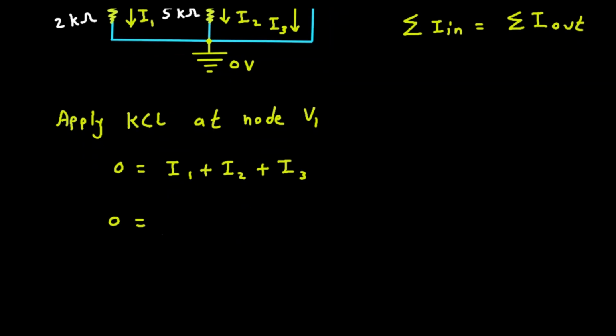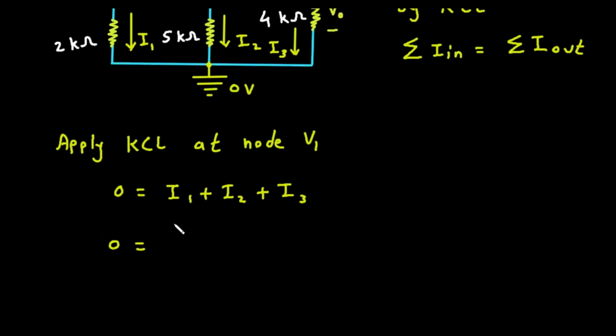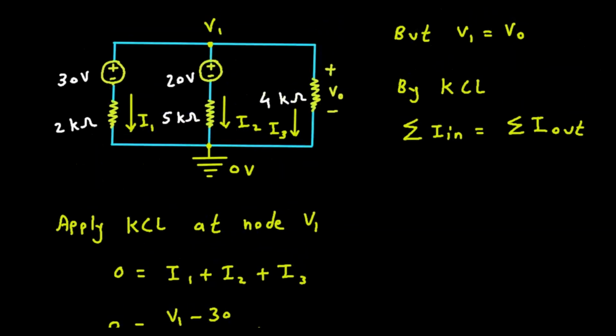Now this I1 in voltage form will be V1 minus 30 volt divided by 2000, then plus I2.